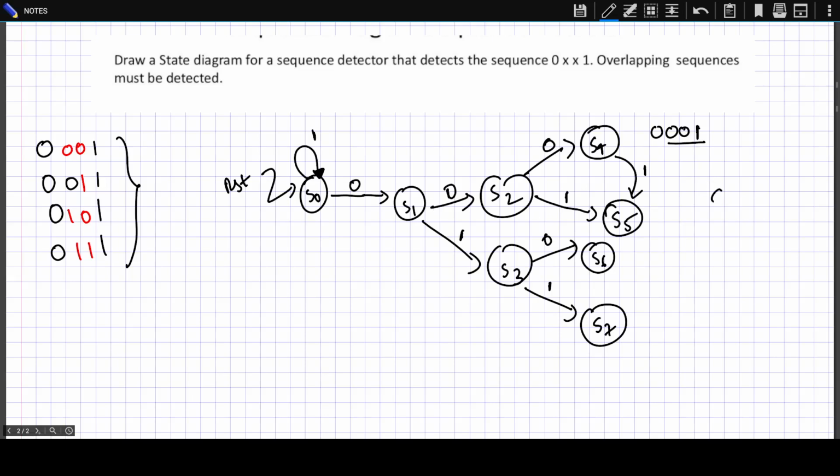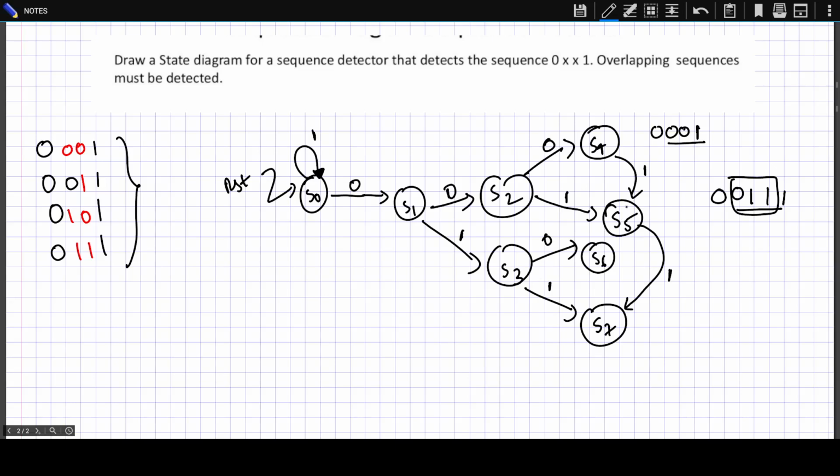We are matching 0 0 1 1, and the upcoming sequence that it should match is 0 1 1 1. So it should go to a state where it matches 0 1 1. That is S7. So from S5, if it gets a 1, go to S7 where it matches 0 1 1.